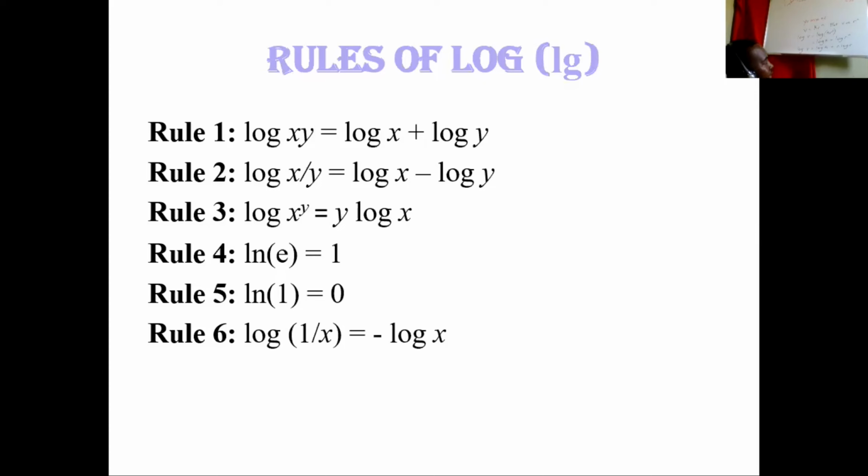All right? So that's using two of the rules to actually change this equation to a straight line equation. Now, if we look at this, we see that instead of plotting v on your y-axis, we're going to plot log of v on your y-axis, right? Instead of plotting r, we're going to plot log of r on your x-axis.